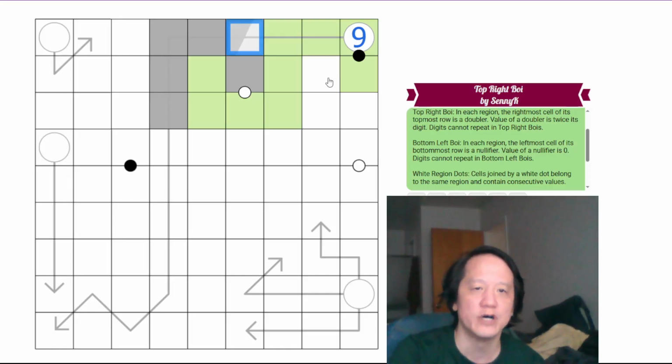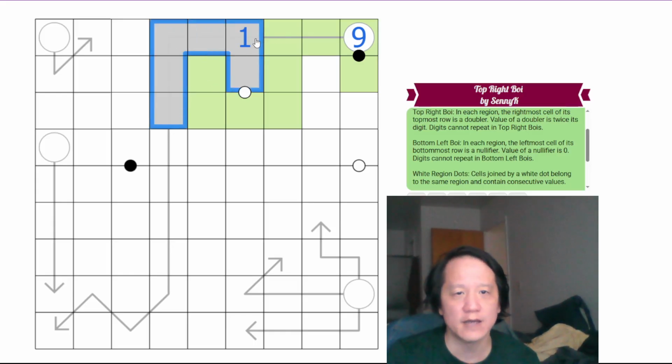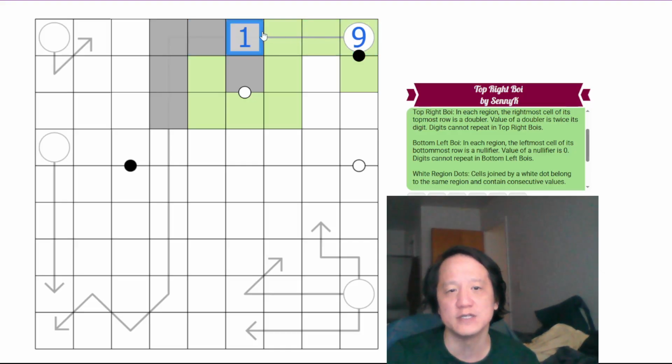So say it was a 1 here. Then this value would be 2. And again, that would work because these two digits are different, because you cannot have repeats in the top right boy cells. So that's how top right boys work.